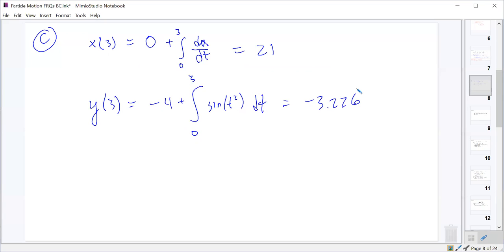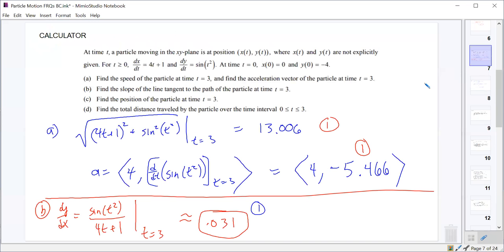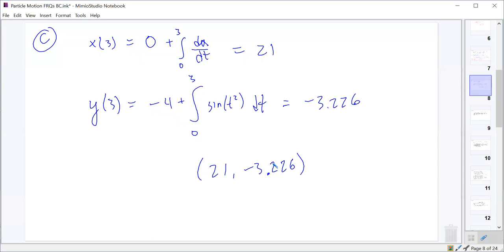And that came out to be -3.226. Just make sure that you write your answer as an ordered pair, because it asks at what point it is, or something like that. It says find the position, so this is the position. Make sure you write it as an ordered pair.